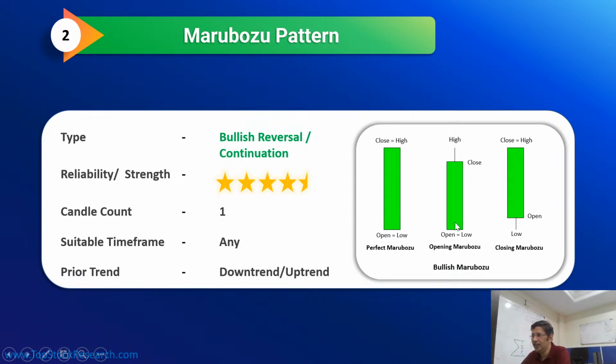In this case, it's green, so it's only buying and the price is continuously moving in one direction with very small or no wick. In this case, there is a small upper wick and a small lower wick. In this case, there is no wick. So the key is open is equal to low or very near low, and it's moving only in one direction. Very important and very powerful pattern.